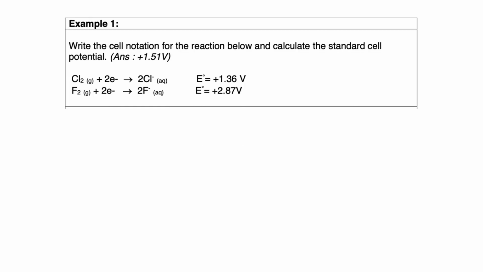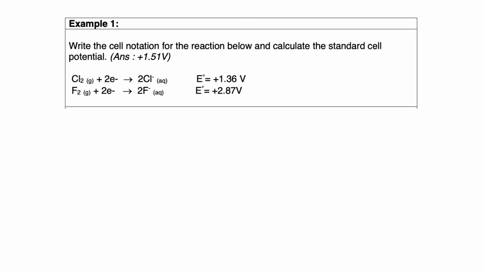Okay guys, now let's take a look at the next example. Write the cell notation for the reaction below and calculate the standard cell potential. So we have here chlorine and fluorine.